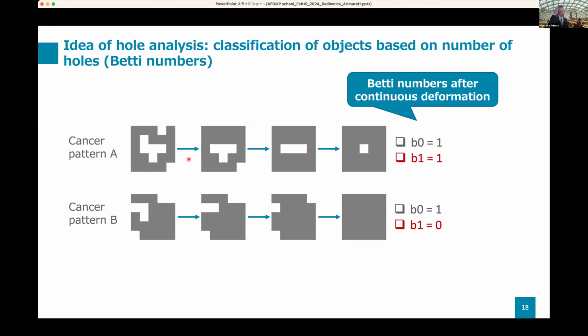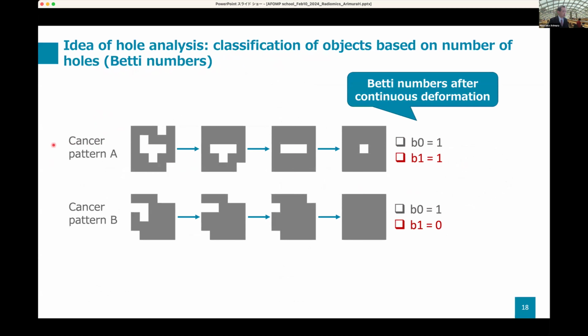And like a human body, we consider the cancer pattern. The idea of whole analysis is classification of objects based on the number of holes, the Betti number. So these are the Betti numbers.